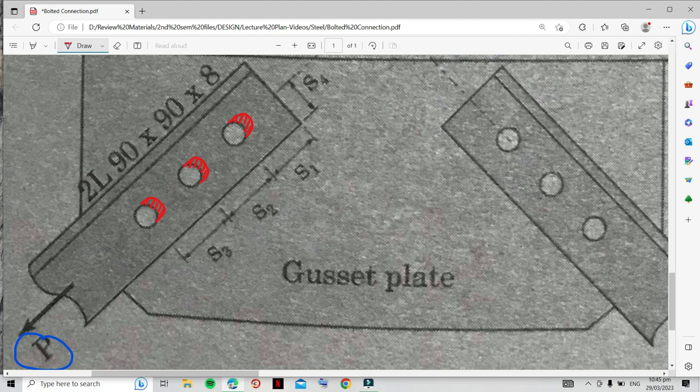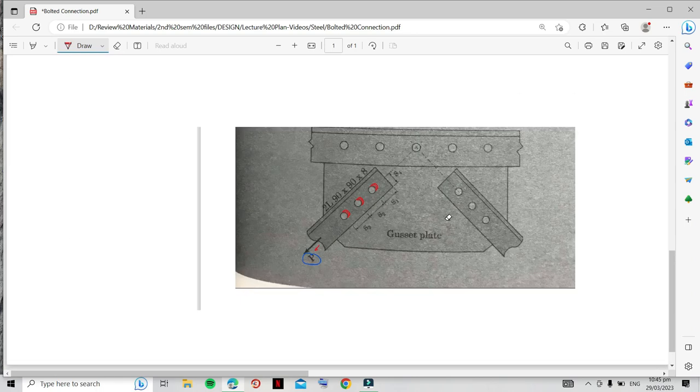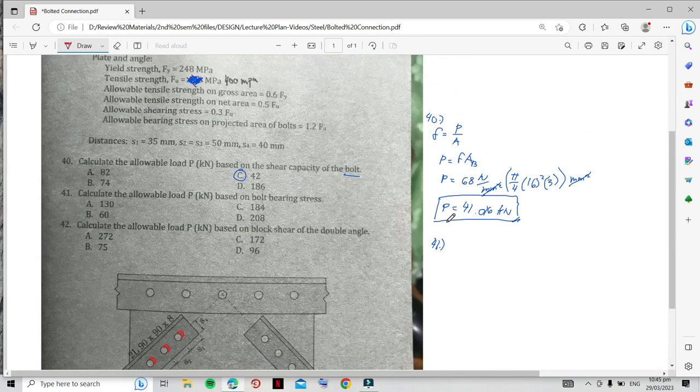Your hole will elongate due to the force P applied in that direction, and then your connection will fail. Bearing stress.